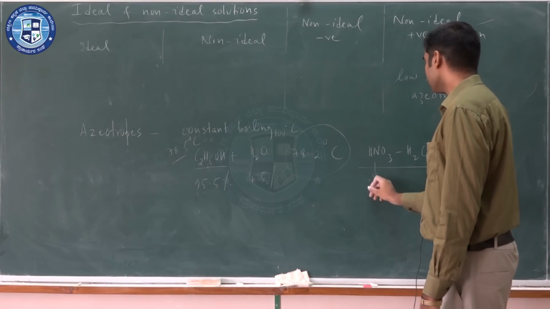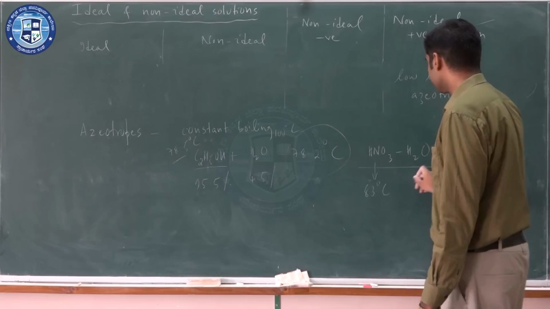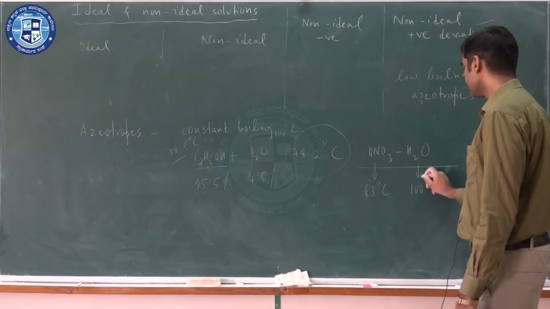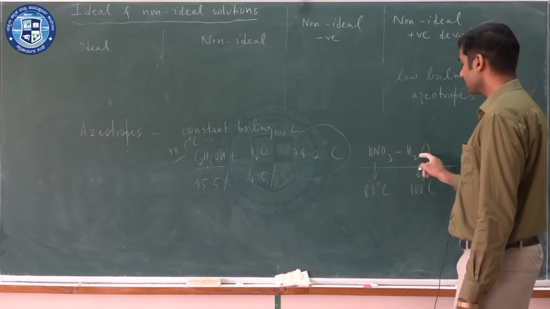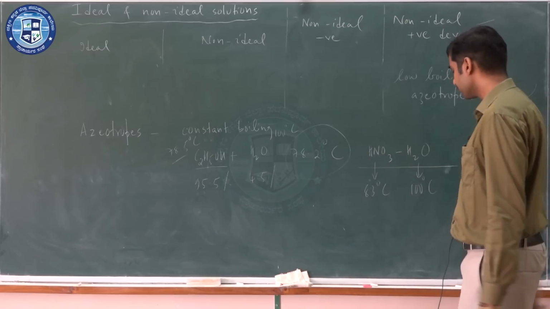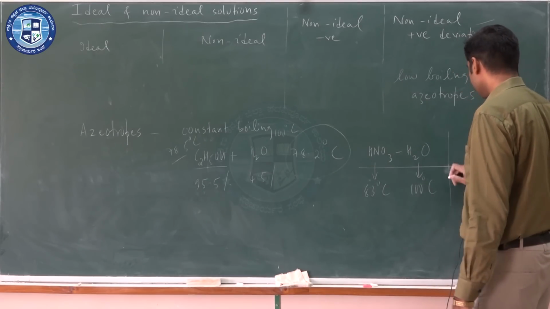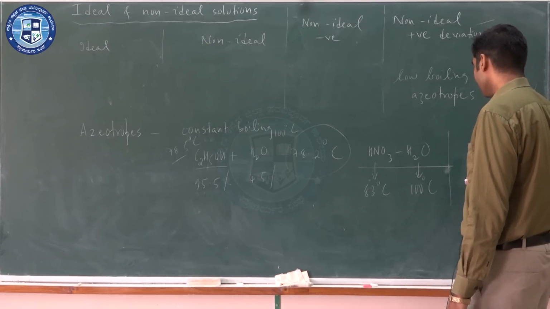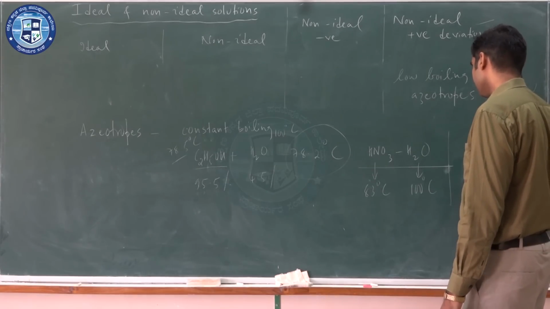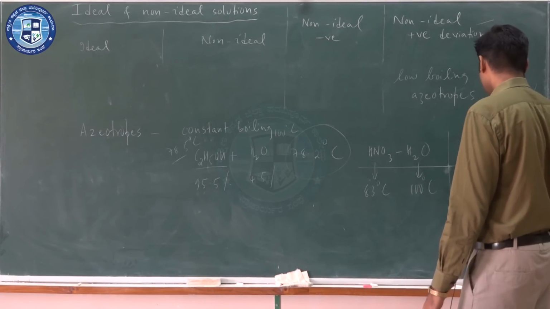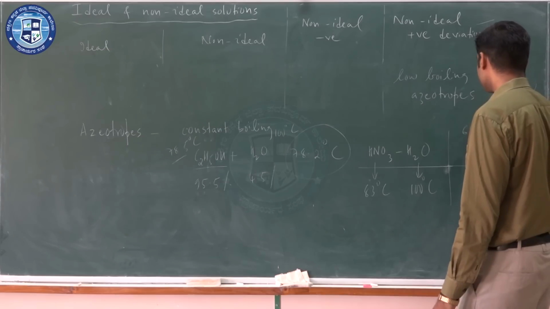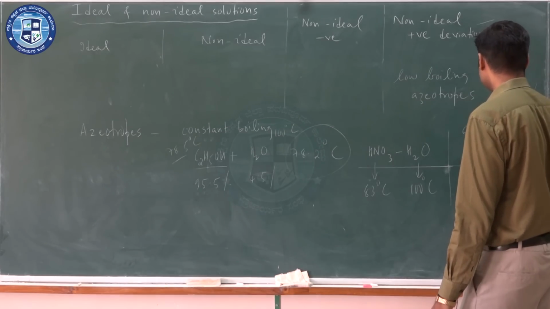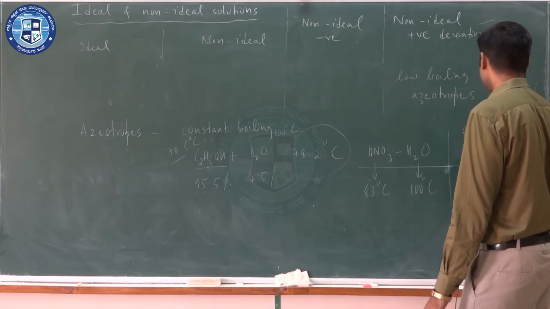Nitric acid boiling point is roughly 83 degrees Celsius, water is 100 degrees Celsius. But you know this mixture exhibits negative deviation, and interestingly the azeotrope that is formed will have a boiling point of say 120 degrees Celsius. This is for the composition of 68% nitric acid and 32% water.